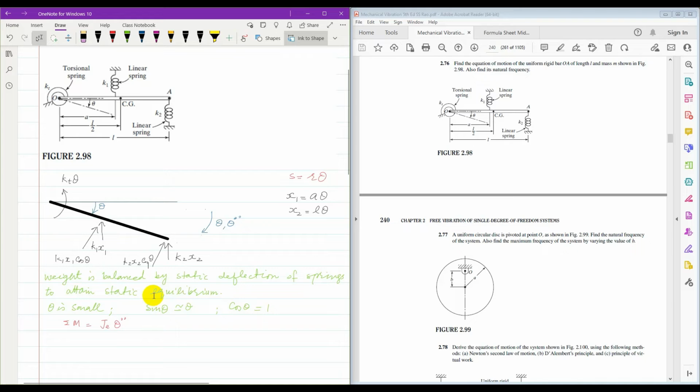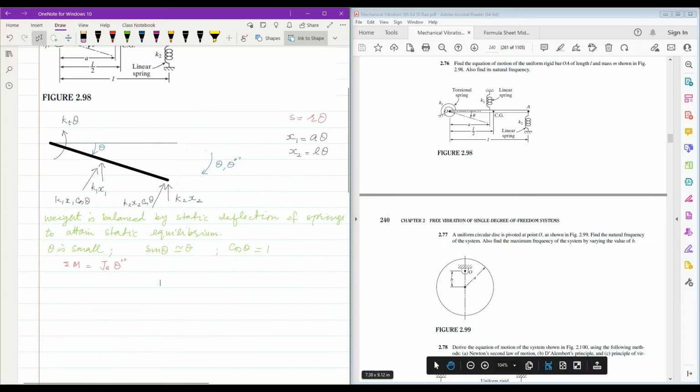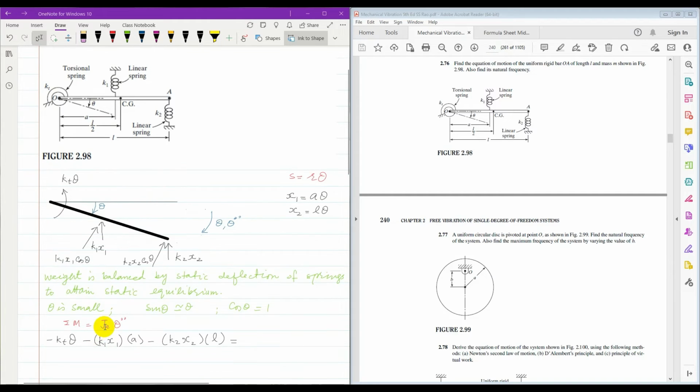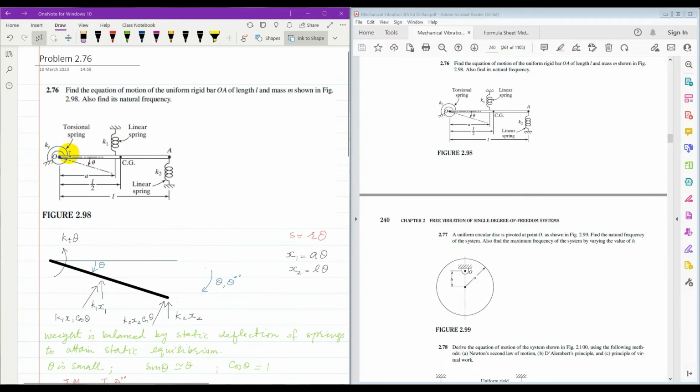So there are three moments here, and I'm going to write: minus Kt theta minus K1 x1 times a minus K2 x2 times L equals J theta double dot.